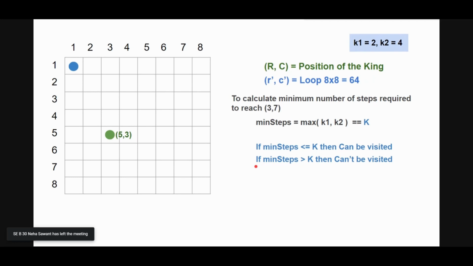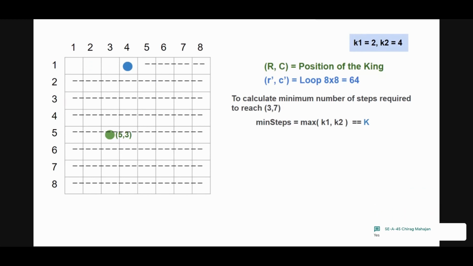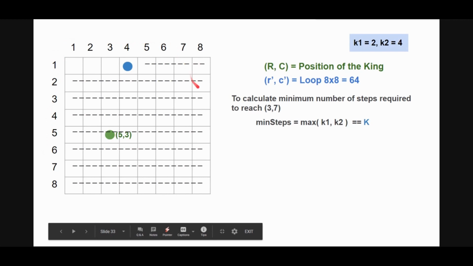And if the minimum steps is greater than k, then the square can't be visited. Did everyone understand till here? Okay. So this is the second iteration, third iteration, fourth iteration, and so on. This will continue 64 times, as this is 8 by 8, so 64.